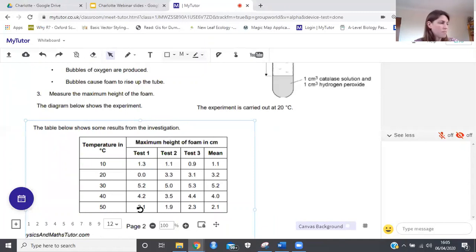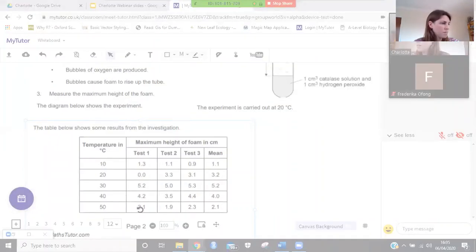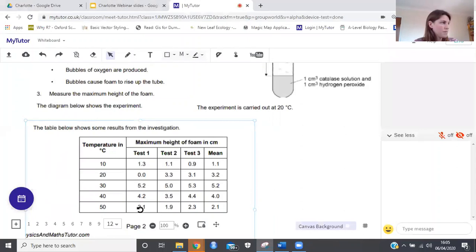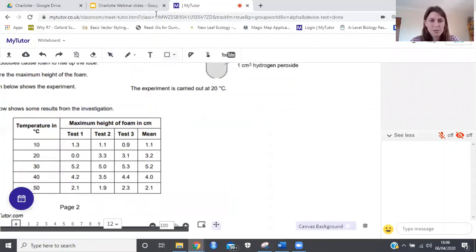First question. So I'll pop over on this side as well, so that we can move everything around as we need to.